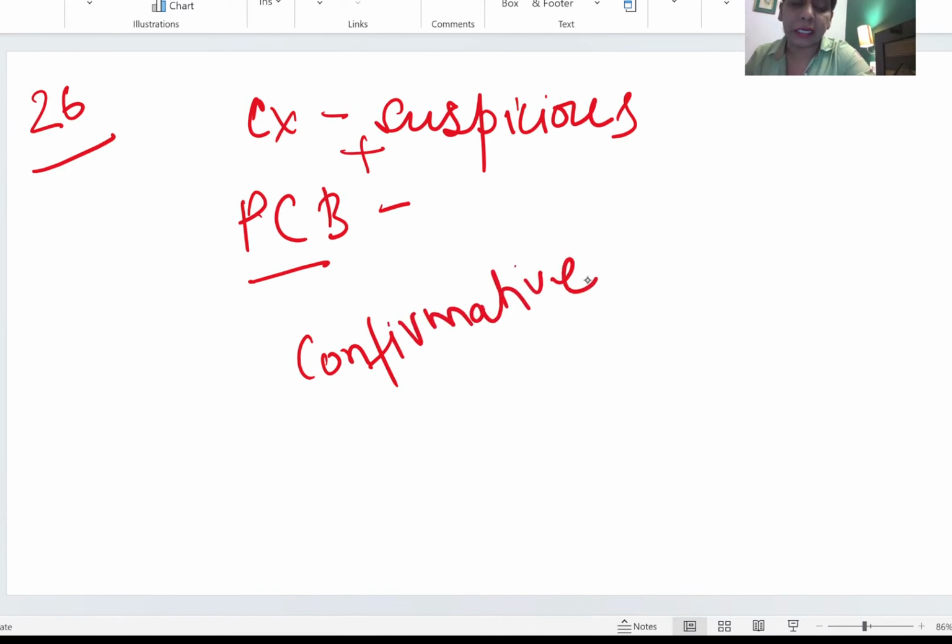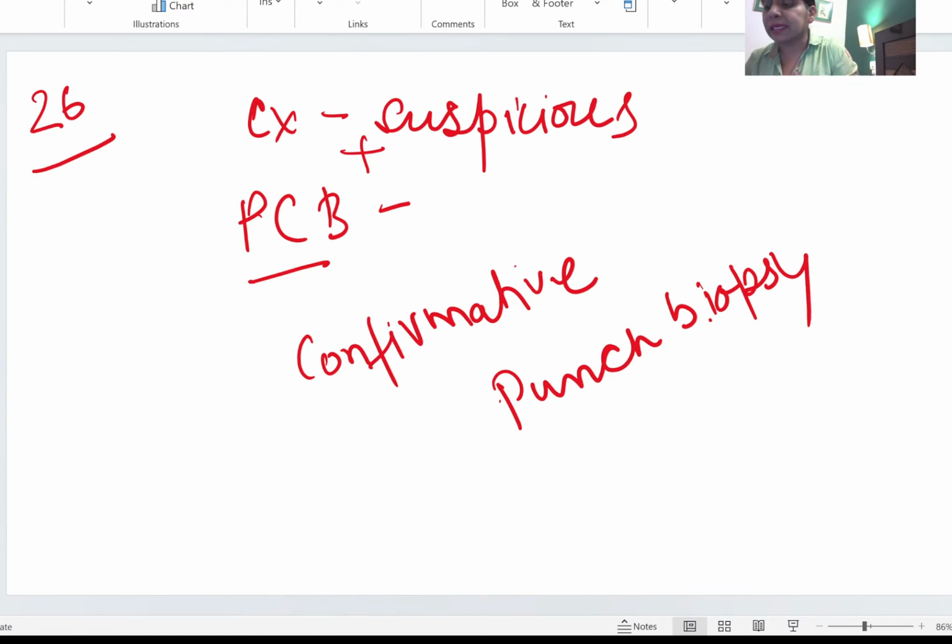The confirmative test is punch biopsy, or you can say 4-quadrant biopsy, as in this question no specific lesion is given, so we will do 4-quadrant biopsy or punch biopsy. If a lesion had been given, punch biopsy would have been more appropriate. Is it clear, Dr. Anand?